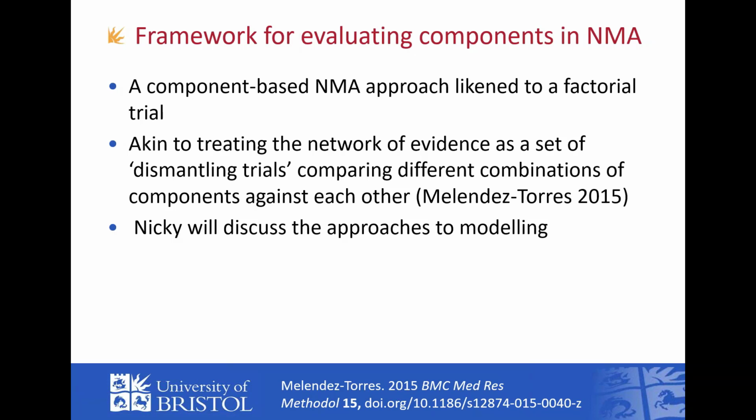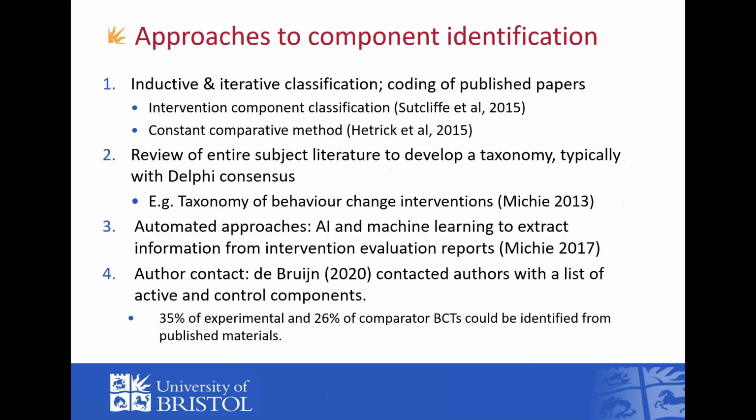So if we can think of a standard intervention level network meta-analysis as being analogous to a huge multi-arm trial, then Melendez-Torres has suggested that we can see a component network meta-analysis as a set of dismantling trials, which are comparing different combinations of components against each other, which Nikki will demonstrate in her section of the talk.